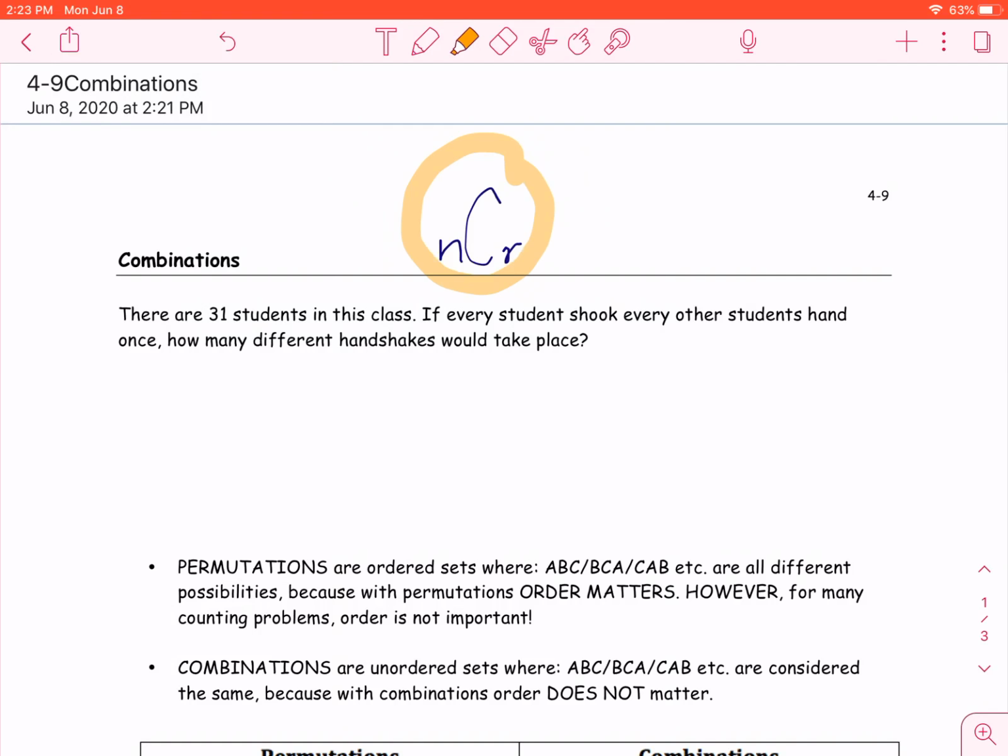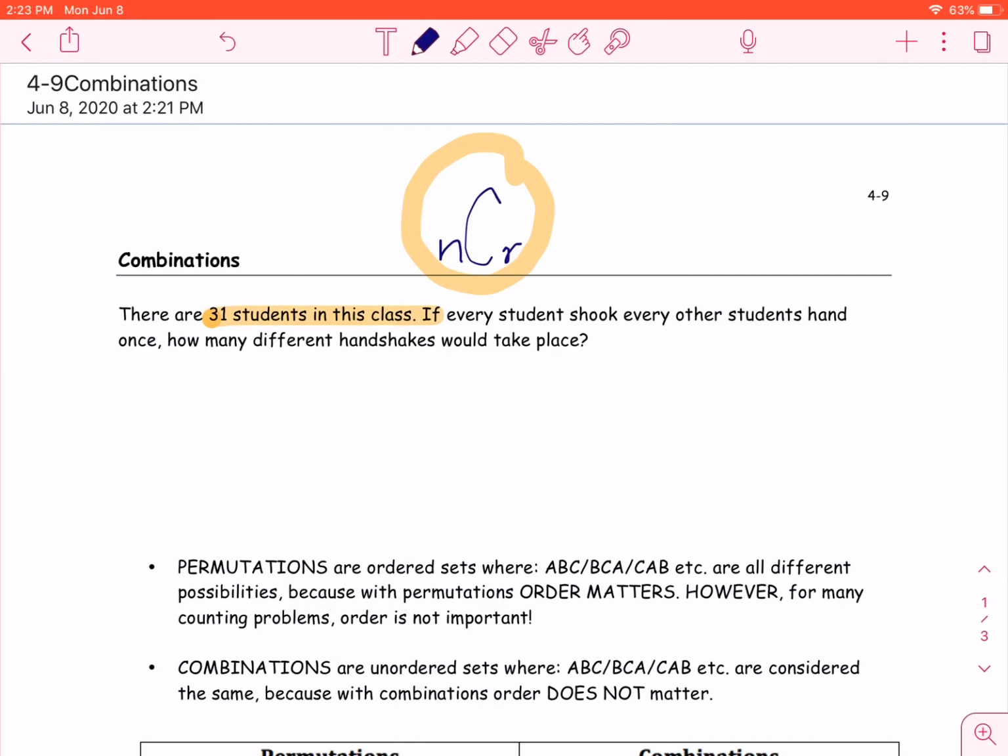So we'll consider this situation. There are 31 students in our class, so as you know from the very beginning, there is always a big group. If every student shook each other's hand once, how many different handshakes would take place? Basically, we have 31 students, but we would only be making 30 handshakes, right?